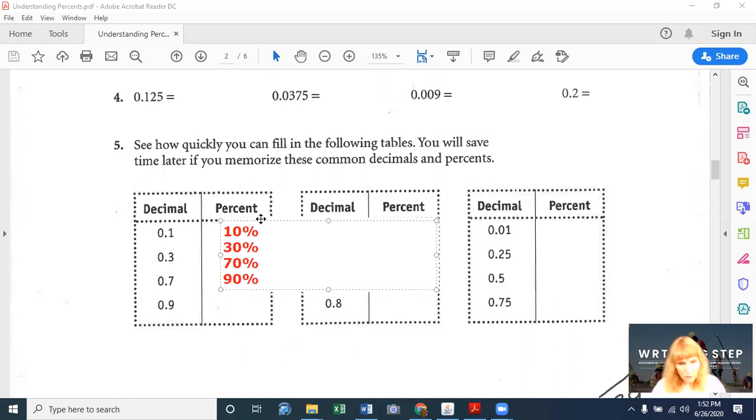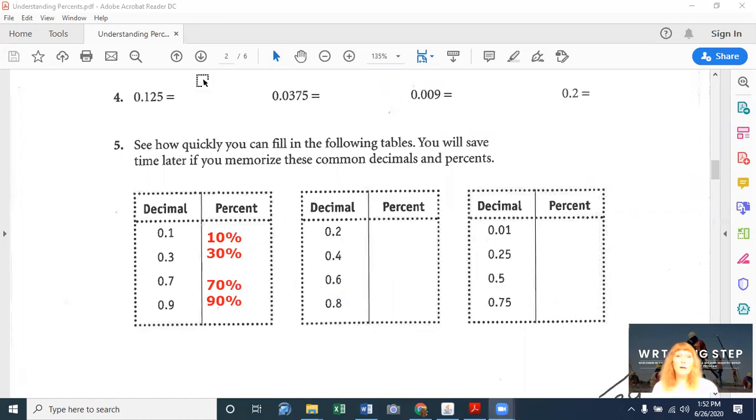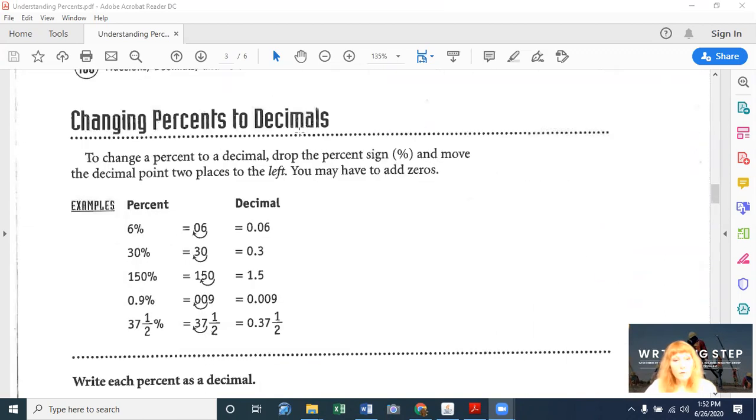So they just want you to be able to recognize those. Line those up properly here. The 7 is going to go down 1, and the 9 is pretty close. So yeah, try to do those quickly and recognize percents from common decimals. Okay, let's clear that and let's go on from there. Now we're going to learn how to change a percent to a decimal.